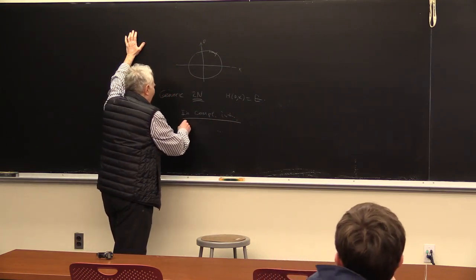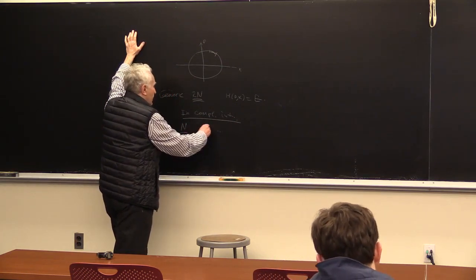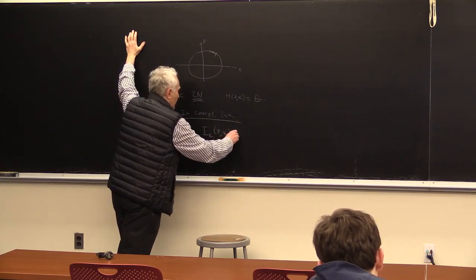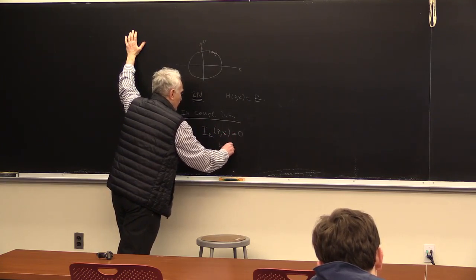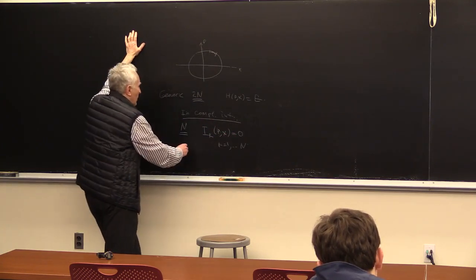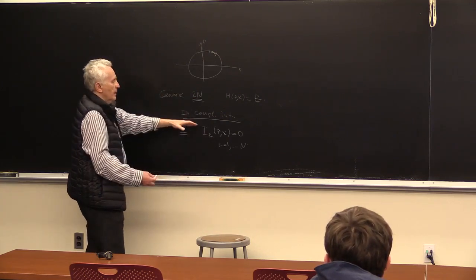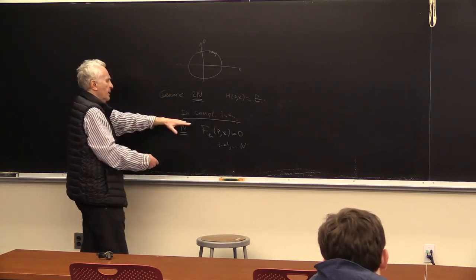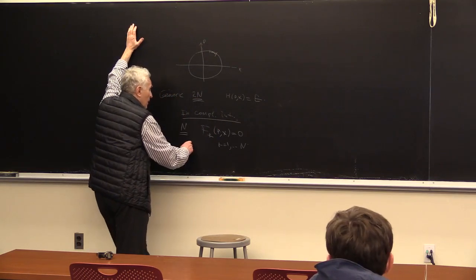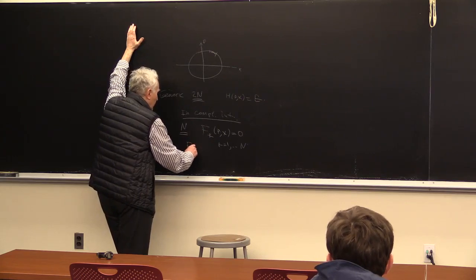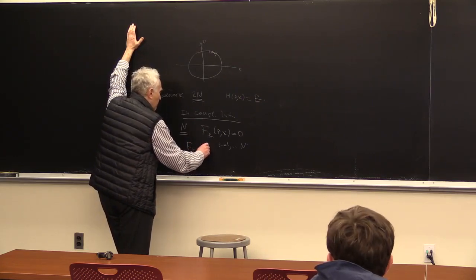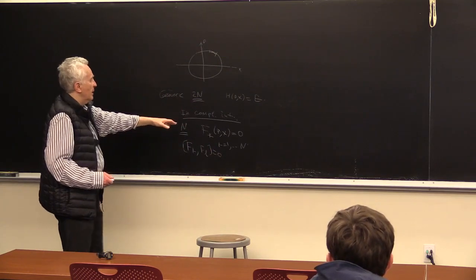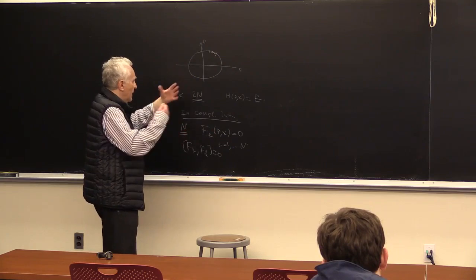You have n conserved integrals, so the number of constraints is n. Complete integrability means, I probably should use a different letter, it's not yet the action variable, and we assume that the Poisson brackets of these two is 0. And then it's clear that the system moves on an n-dimensional space.